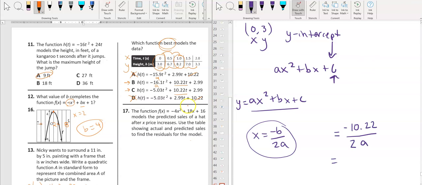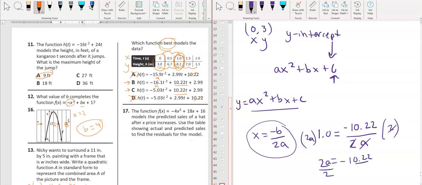And then for my x value, I'm just going to use 1. So I'm going to use this right here for x, and I'm going to plug it in. So 1 is here. I'm going to multiply both sides by 2 to get rid of the 2 on the bottom. Well, actually 2a to get rid of that and get negative 10.22.